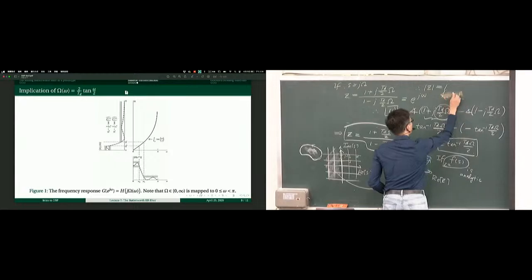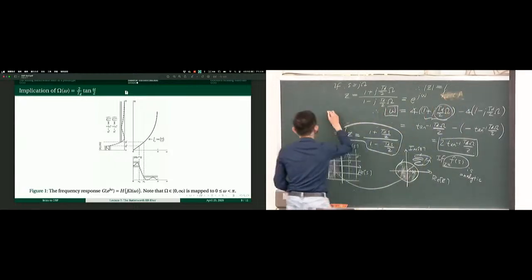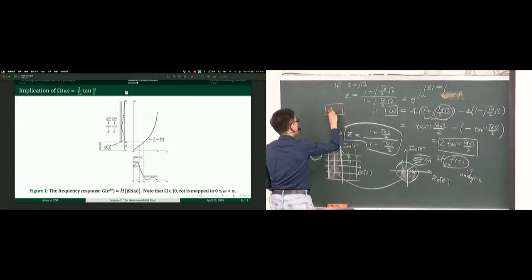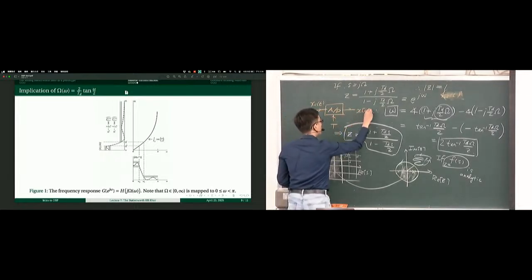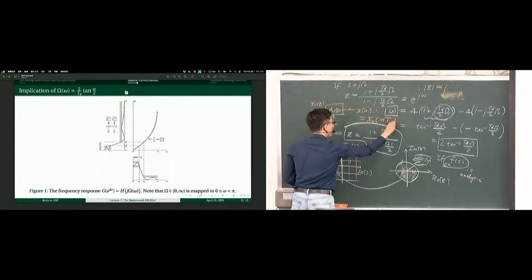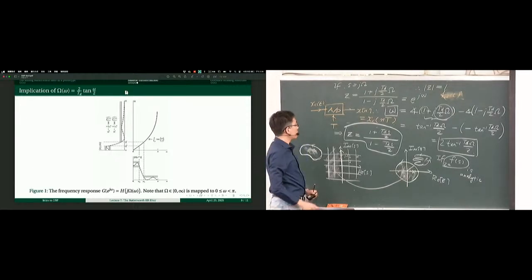when we do A to D conversion, we receive an input which is continuous in time, and then it produces an output with a sampling period. The output is x of n equals x continuous time evaluated at n times big T. If we do that, then we go to a frequency domain.